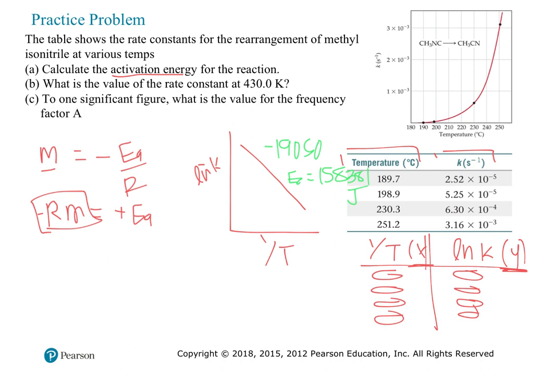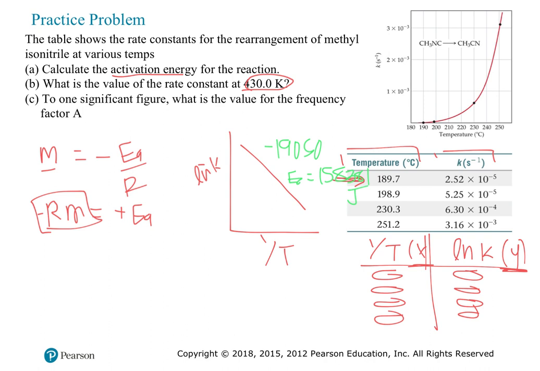You could also then, it says, what's the value of the rate constant at 300 Kelvin? Well, whatever you happen to do for your slope here, you can then plug into your equation. Or you could use that second equation that I showed you with 2 points. Use this as 1 point, use any of these really as 1 point, and then use the temperature as another.